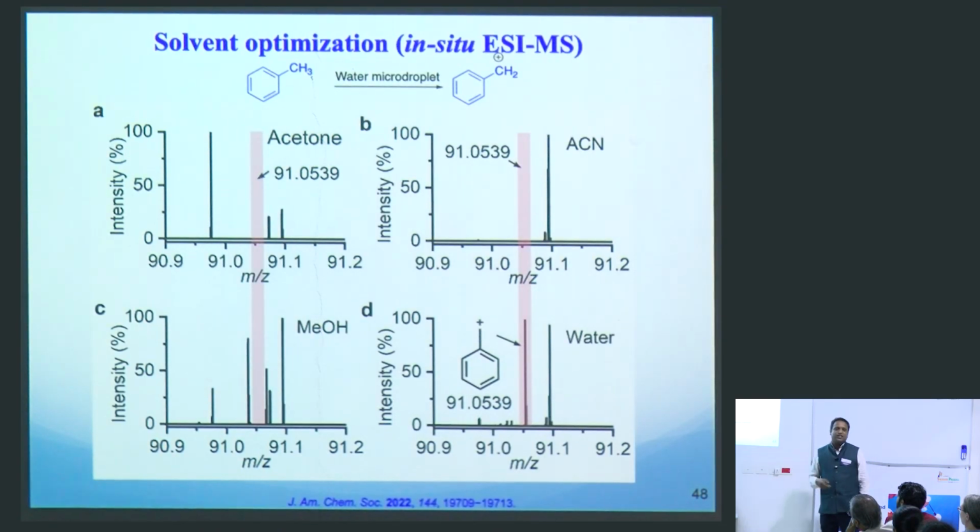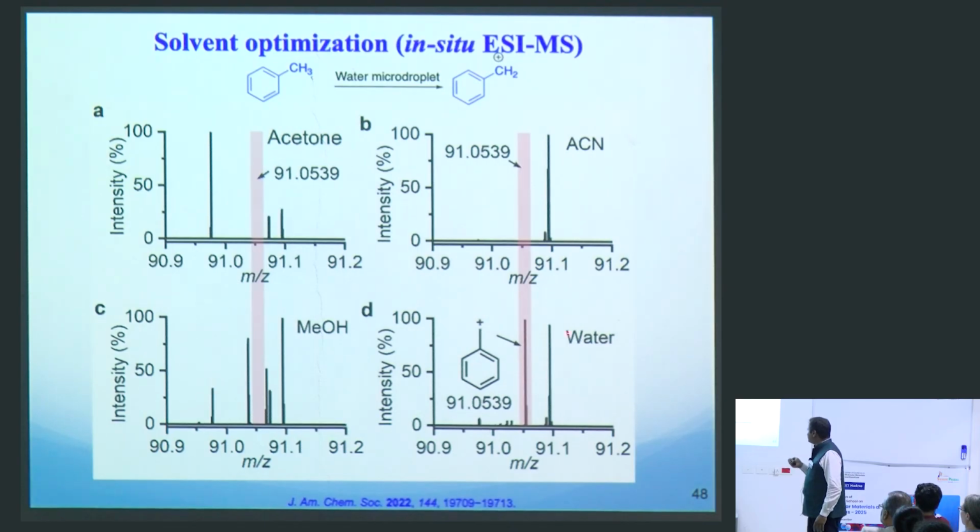Also for that we screened various types of solvent using the mass spec. Normally, whenever we do a microdroplet reaction, it's not immediately going to form the product. We always have to screen various solvent conditions, how voltage will be transferred. With acetone, there is no reaction. In acetonitrile, conductivity is less, and methanol is similar.